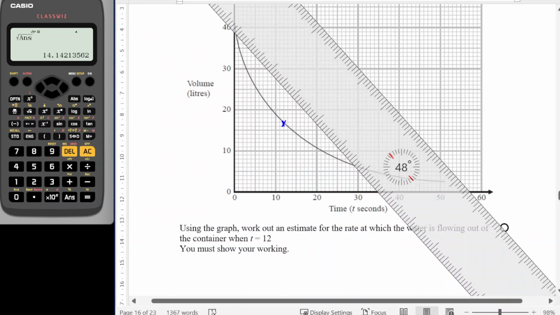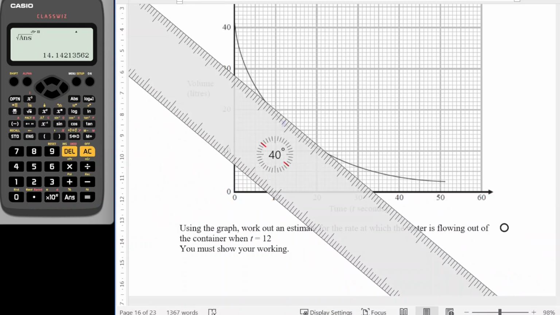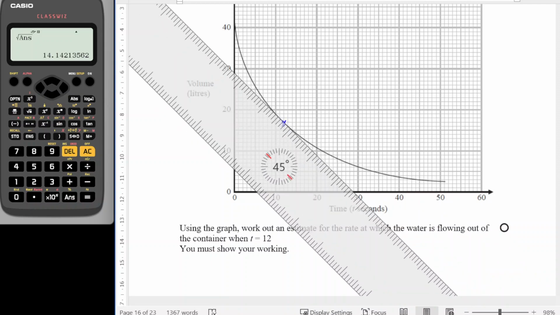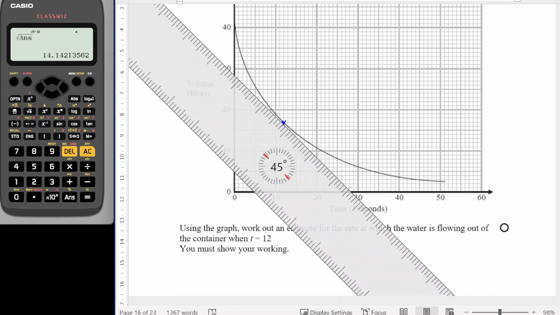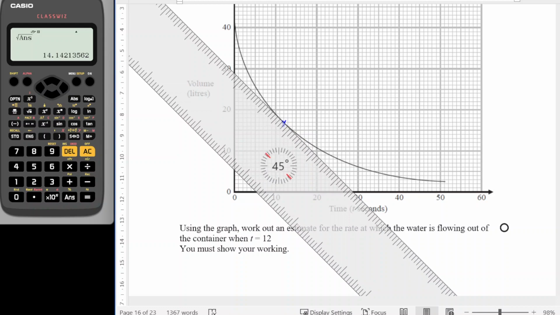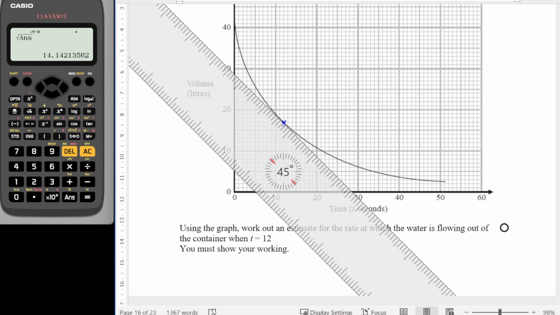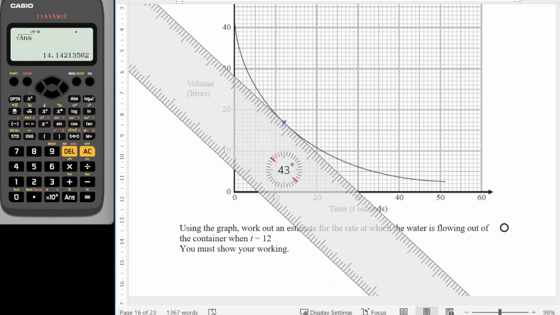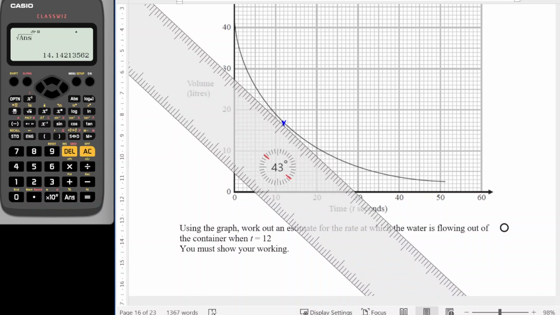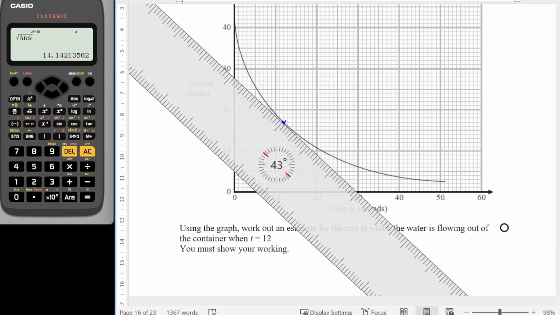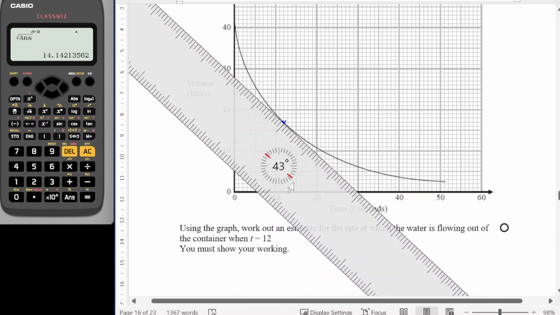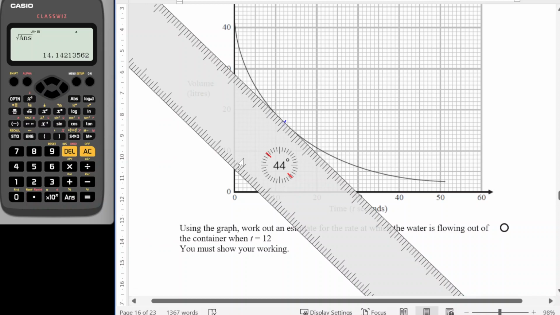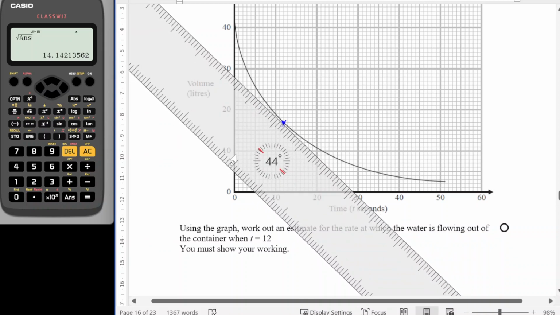So the gradient of the line, in effect, I'm looking for a tangent. So I want a line that just touches. That looks pretty, might be out by a degree. There we go, that looks pretty close.